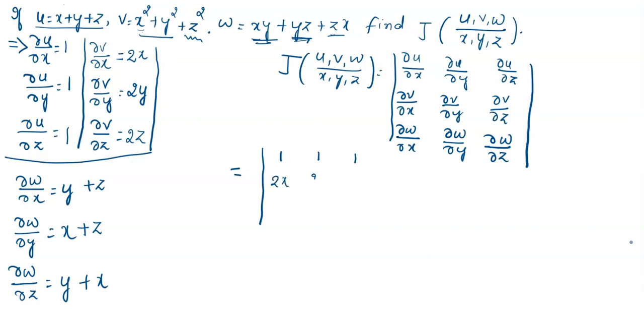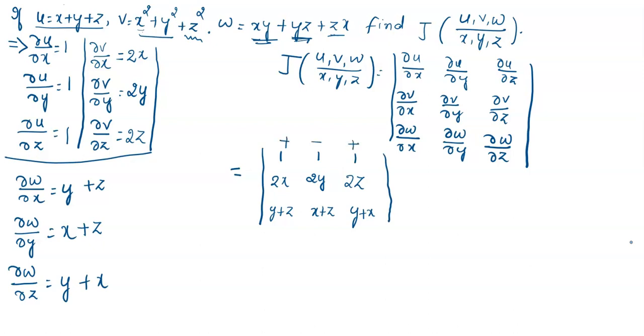And dou w by dou x is y plus z, dou w by dou y is x plus z, and dou w by dou z is y plus x. Normally we do the basic expansion of the determinant. So let me expand this determinant.